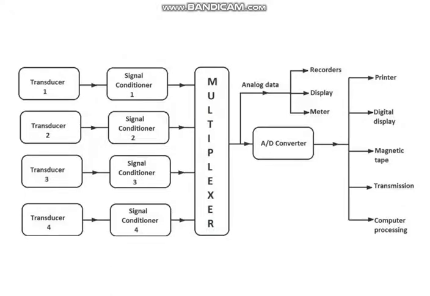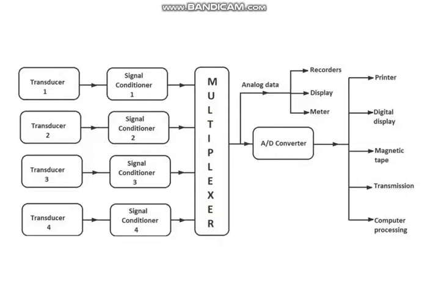So for each of these, I'll be using a transducer. The output of the transducer will be very small, so I have to signal condition that output. That is done with the help of the signal conditioner, which is going to amplify my signal. After increasing it, it will be better if I convert that into a digital form.